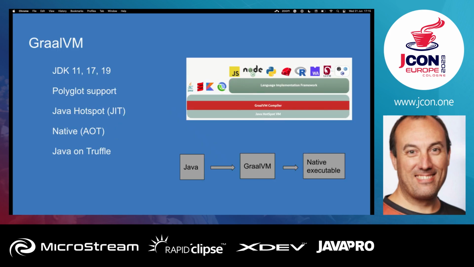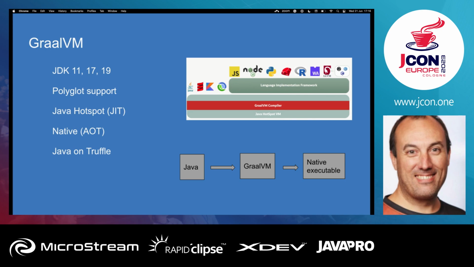Basically, GraalVM is a stack that will produce native artifacts. It's one of the features coming from different languages. It has polyglot support, and then it can move applications from the different languages to JVM or to native.